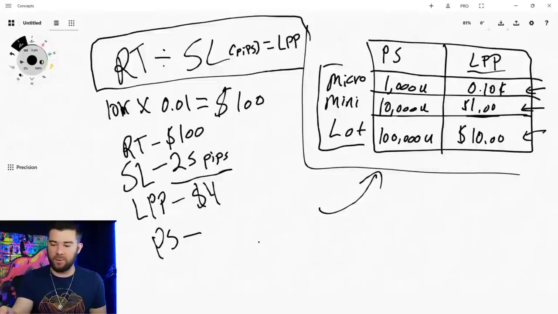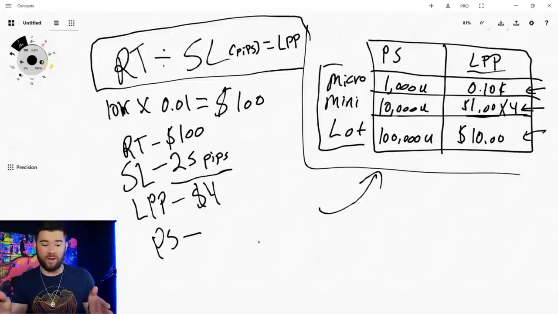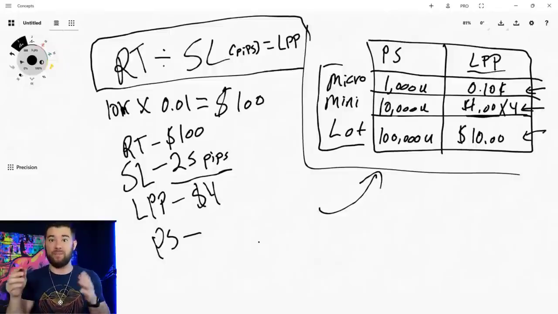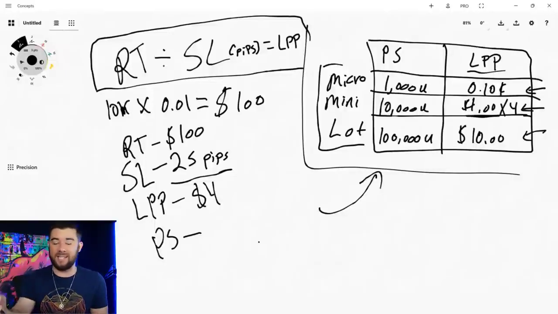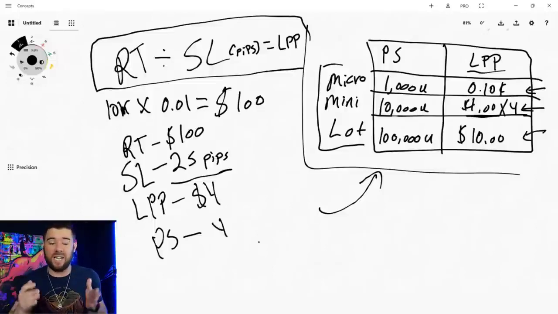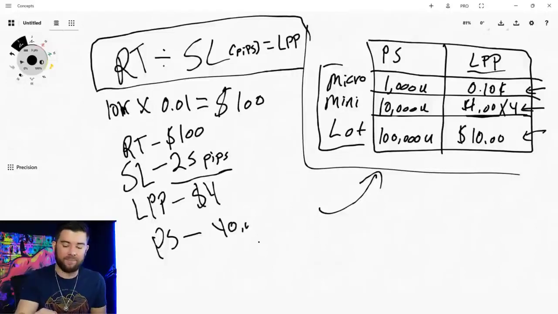It's pretty easy to see that 1 mini lot times 4 will give you a $4 loss per pip in this table. So the only thing we would have to do is put a position size on this trade of 40,000 units or 4 mini lots.